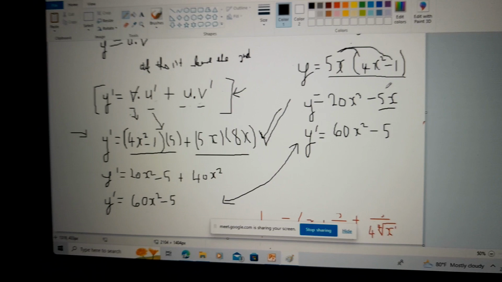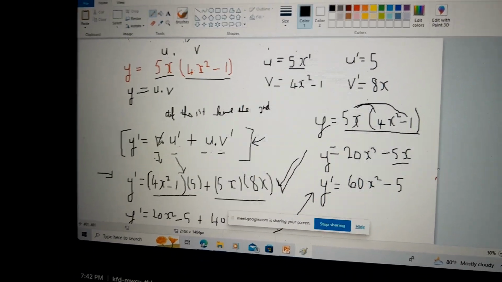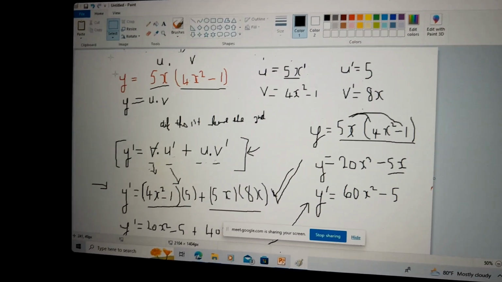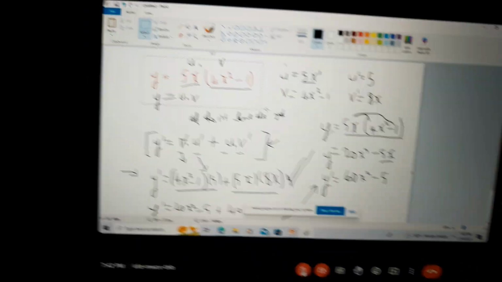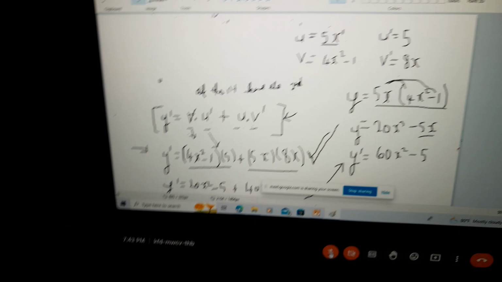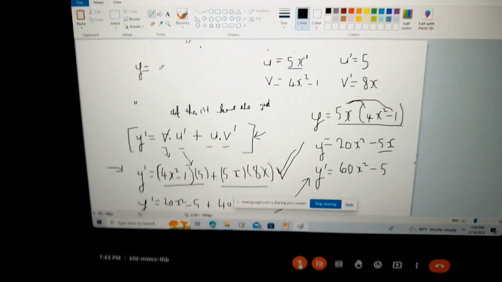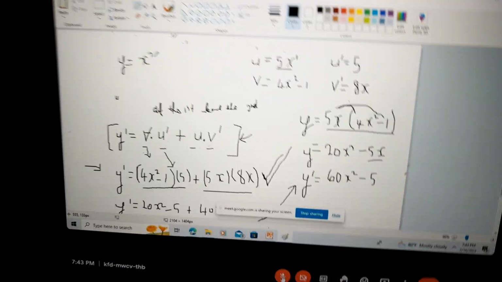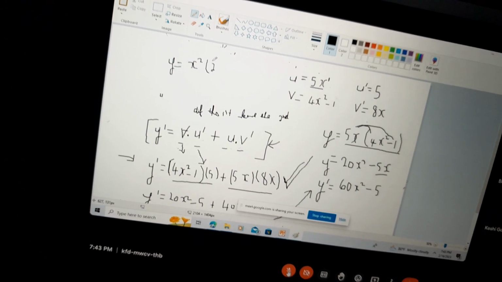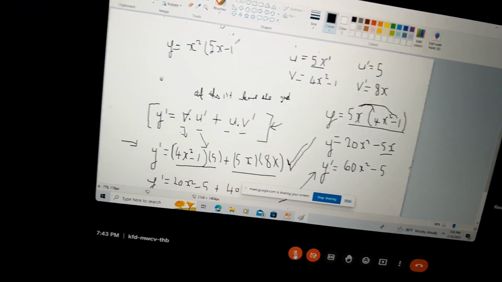Right, so I'll give you another simple one that you can check back, just for you to practice the rule. Differentiate the first, leave the second. One that shouldn't take long to do either. Because I really want you to get the practice. So let's say y is equal to x squared into 5x minus 1.